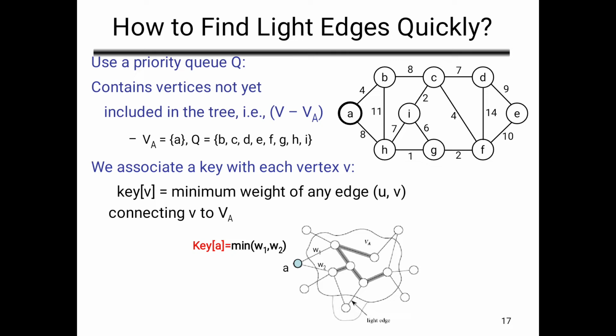If including that edge creates a cycle, then reject that edge and look for the next weighted edge. And in step 3, keep repeating step 2 until all the vertices are included and the minimum spanning tree is obtained.